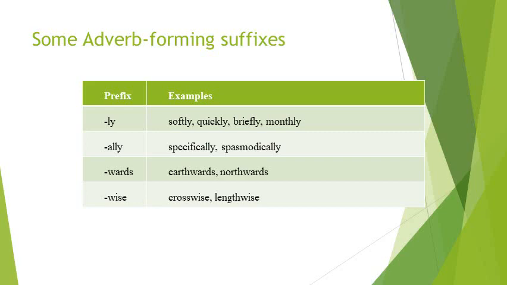You add it to north, you generate northwards. And then another adverb suffix is wise. You add that to the word cross, you generate the adverb crosswise. And you add wise to a word like length, you generate the adverb lengthwise. Lengthwise.